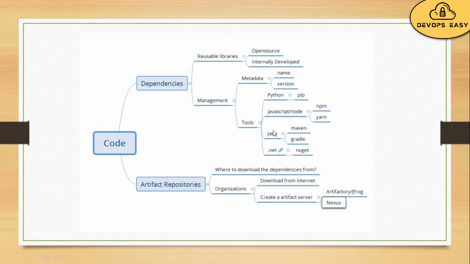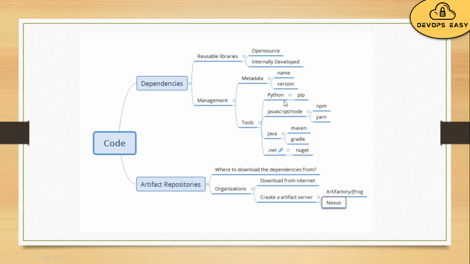So for code, there will be some dependencies. For Java, there is the Maven tool available. For .NET, there is NuGet or MSBuild available to build the code. For JavaScript, there is npm. For Python, there is pip. So depending upon the tool, there will be one package manager.